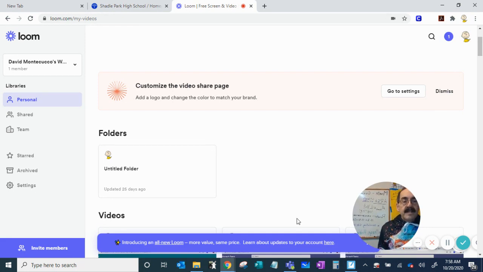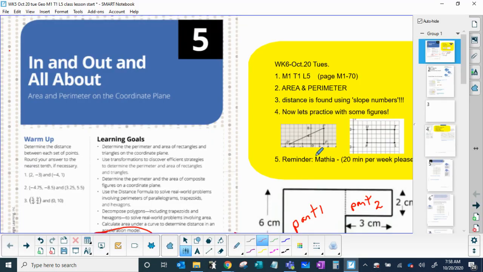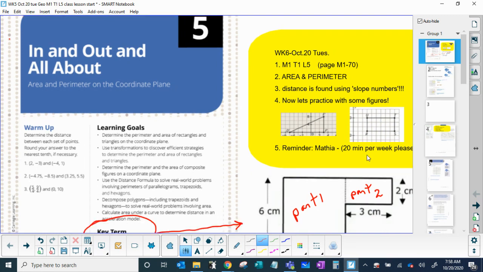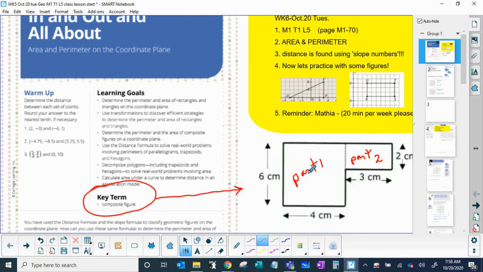So in today's class, we've got triangles, rectangles, and this idea of composite, where we have 2 different parts. We're going to find the perimeter, we're going to find the area. But let's get started.